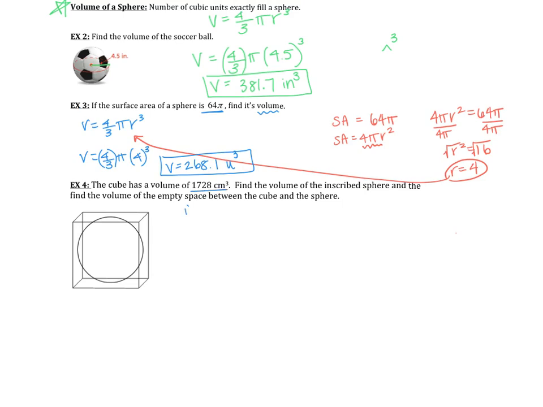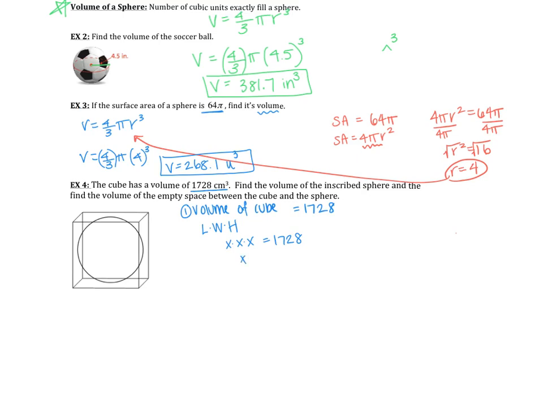So let's write that down here. We have the volume of the cube, which is 1,728, okay? We know that volume of a cube is length times width times height, but in a cube, all sides are the same. So basically, we're multiplying the same thing times itself 3 times to get 1728.